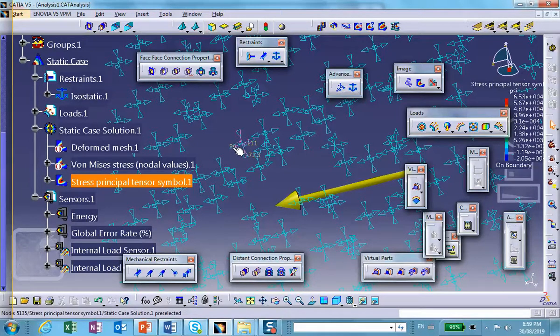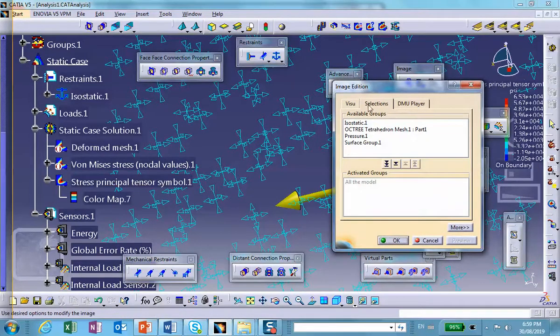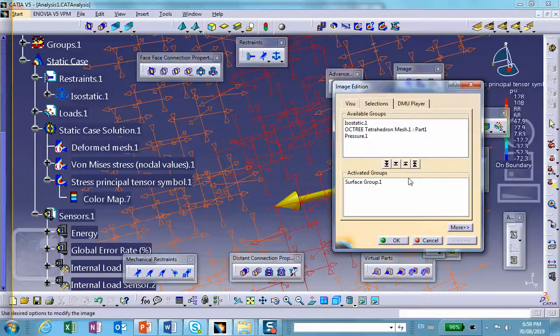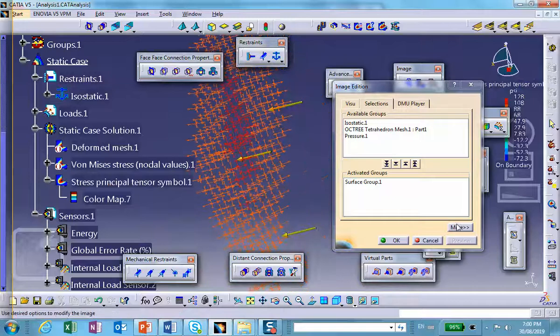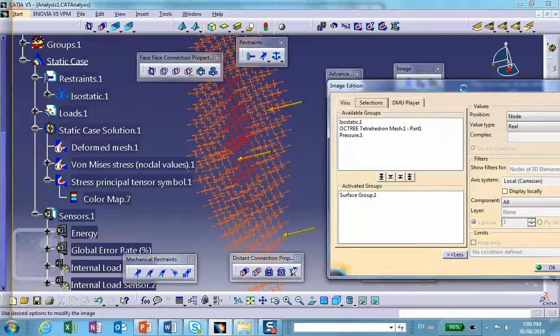So let's double click on this. Visualization. Just show me the surface group. Okay, show me the stuff in the surface group. Don't show me everything. Just show me the largest principal stress, which is your C1.